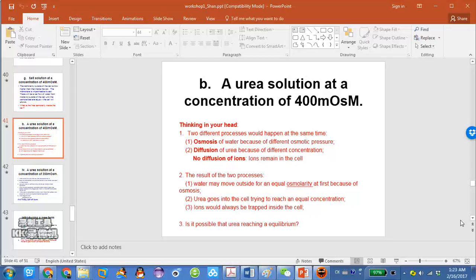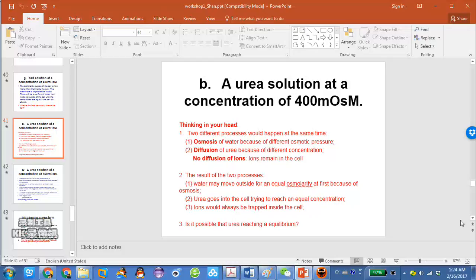So urea will move into the cell, trying to compensate for the concentration difference. As this process happens, the osmolarity of the inside of the cell will increase accordingly. So more water will follow the urea into the cell, trying to compensate for the increasing osmolarity.